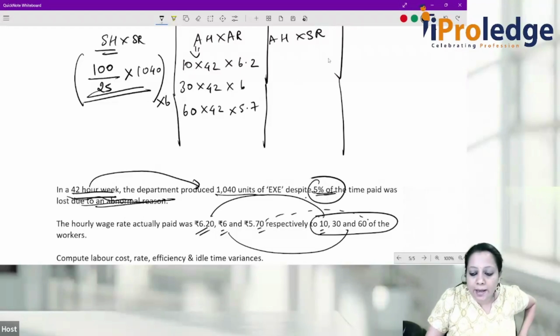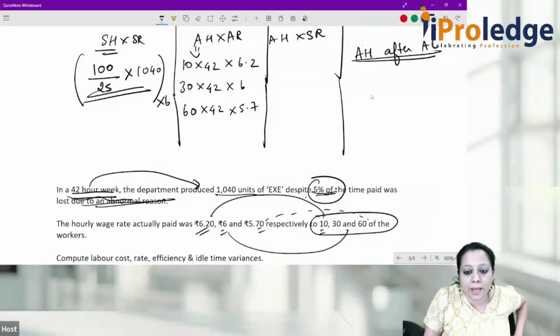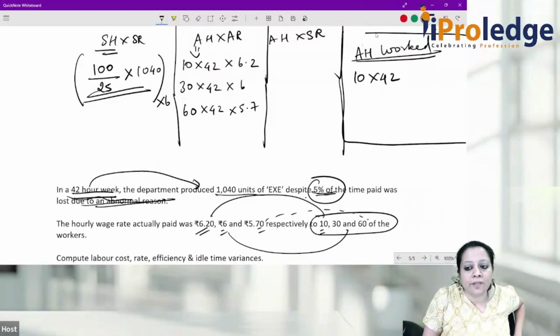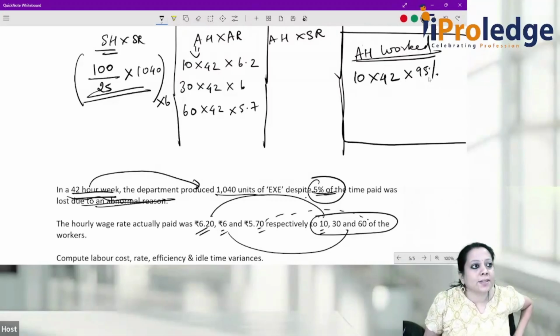The actual hours worked is going to be 10 into 42, into 95%. This is a different column. This is not 4 or anything.